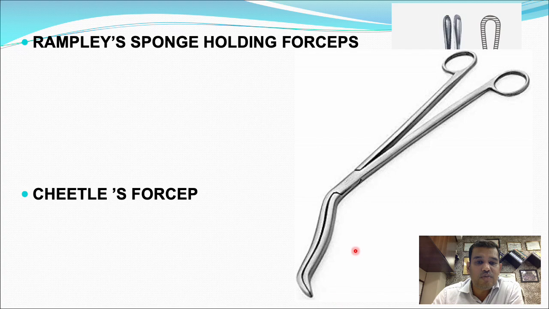It is always changed every 15 days to have a good high level disinfection of the solution. So this is not ideally sterilized. It is kept in the OPD or even in the OT unsterile, but the tip is kept dipped in the Savlon solution, so it achieves high level disinfection. And then you can transfer any sterilized instrument or gauze piece or pads to the surgeon or the person doing the dressing.